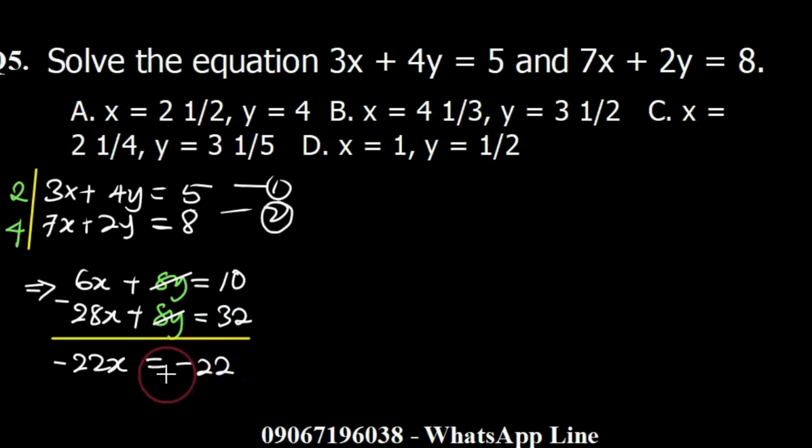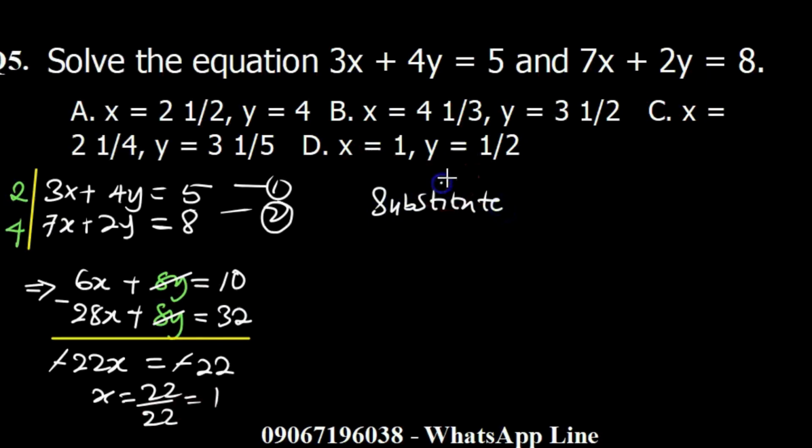Okay, so take note of that. Now what do I do? Minus cancels minus, and x is equal to 22 divided by 22, which is equal to 1. So I've gotten the value of x. I'm going to substitute the value of x into equation 2.